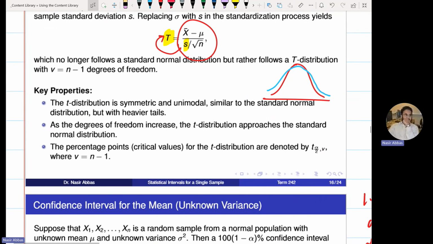When we introduced the t distribution, we said something here. Read this. We said as the degree of freedom increases, t distribution approaches what? Z distribution. So in case you have a situation where your sigma is unknown and the sample size is too big and you don't find the critical value from the t table, just borrow the critical value from the z table and continue with the confidence interval.